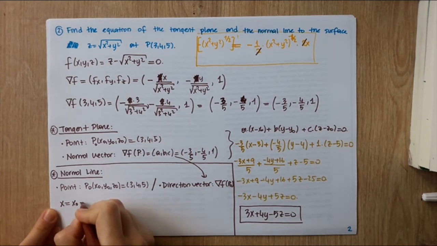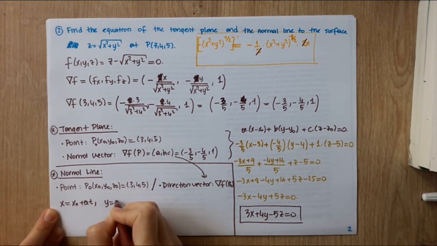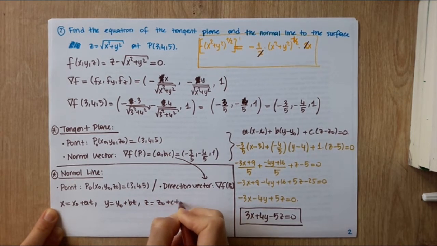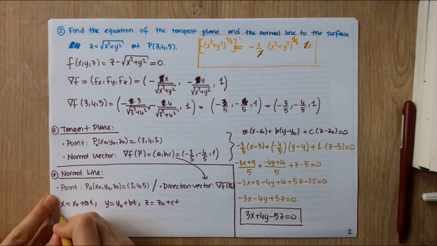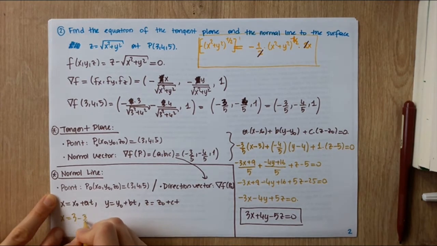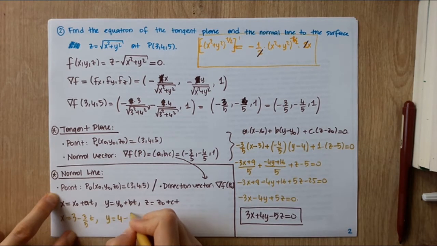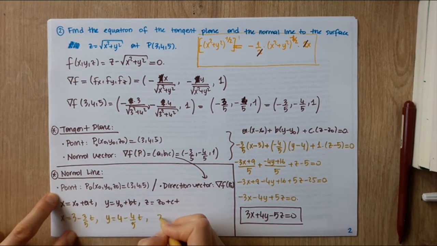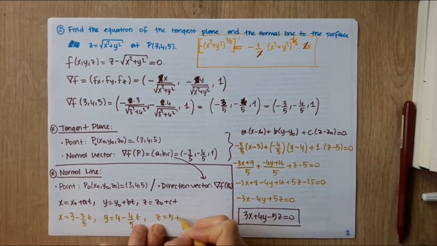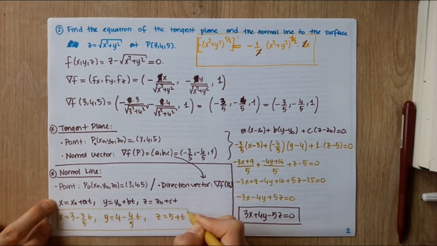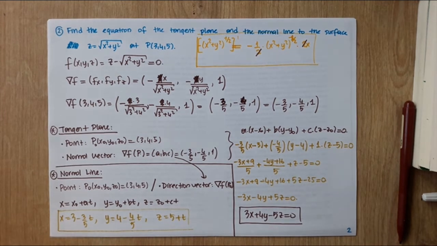X is x0 plus at, y is y0 plus bt, and z is z0 plus ct. So x0 is 3, and a is minus 3 over 5, so x equals 3 minus 3 over 5 t, y equals 4 minus 4 over 5 t, and z equals 5 plus t. So this is the equation of the normal line to the surface at the given point.